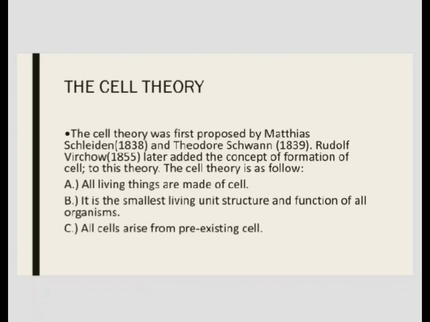So this was the cell theory as follows. First, all living things are made up of cells. Second, the cell is the smallest living unit of structure and function of all organisms. And the last, all cells arise from pre-existing cells.